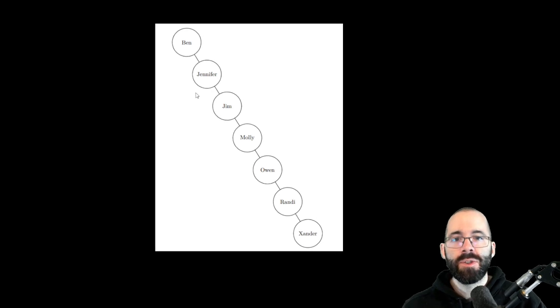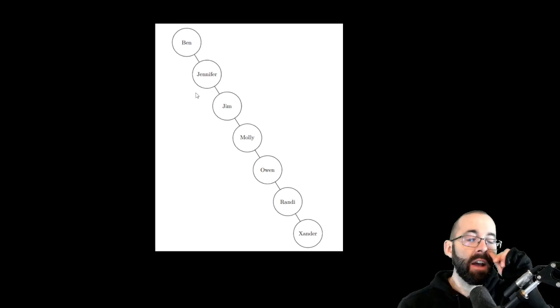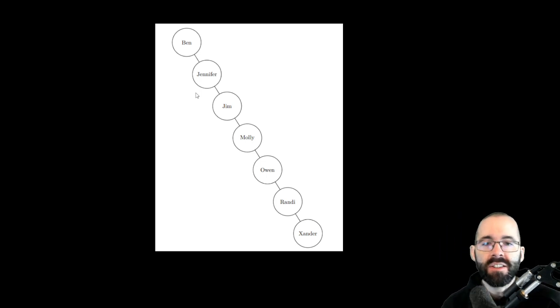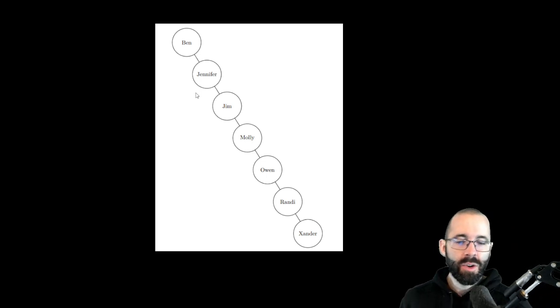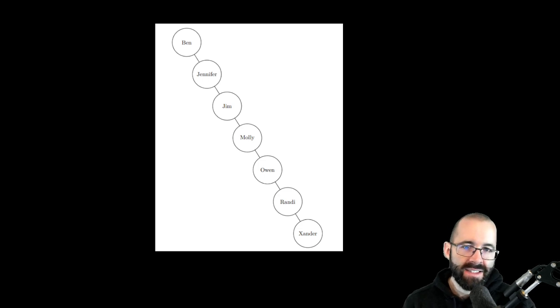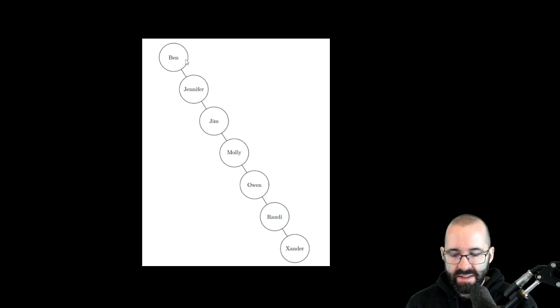This is a binary search tree. This is as unbalanced as you can get. It does follow the binary search tree requirement, but it's not balanced and it's not going to be fast. If we're trying to search, it's just searching alphabetically. This is not a balanced tree. The left subtree of Ben is 0.